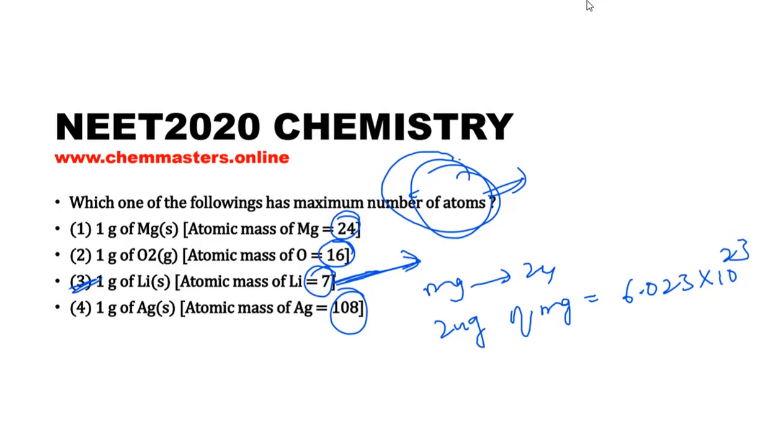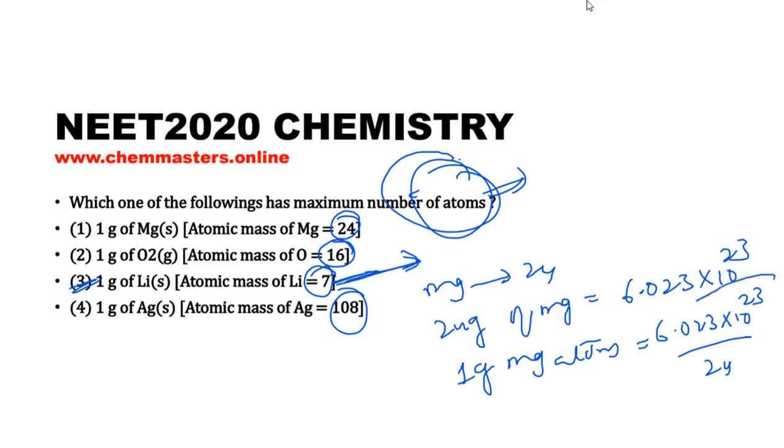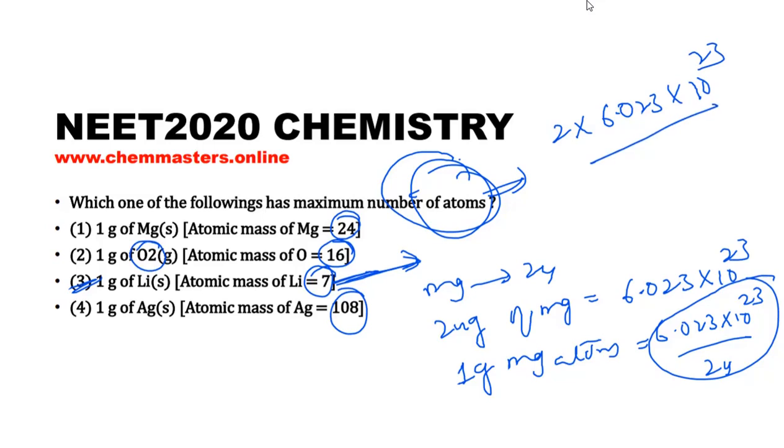So the number of atoms in 1 gram of magnesium should be 6.023 into 10 power 23 by 24. Just do the same thing for oxygen: O2 is there, that's why 2 into 6.023 into 10 power 23 by the atomic mass of oxygen, 16.